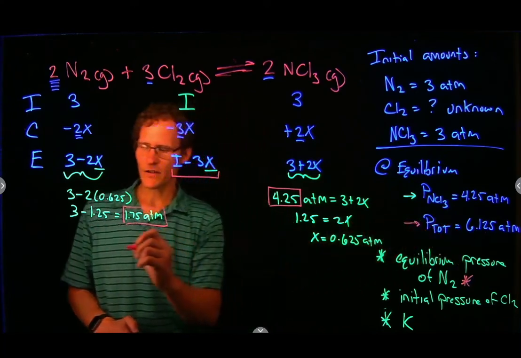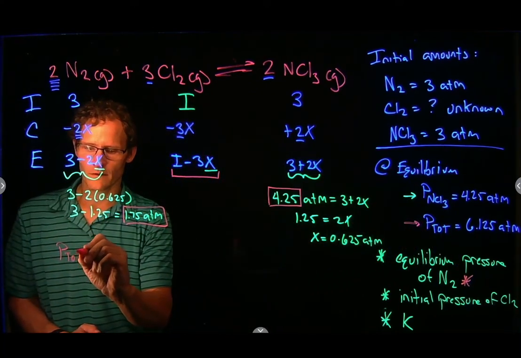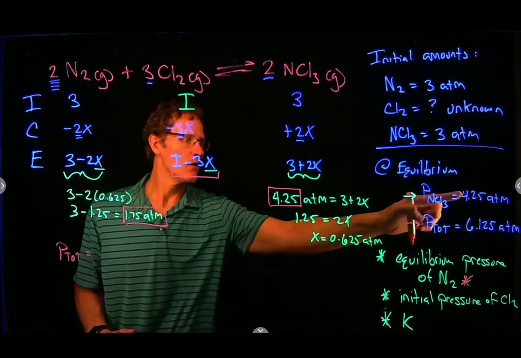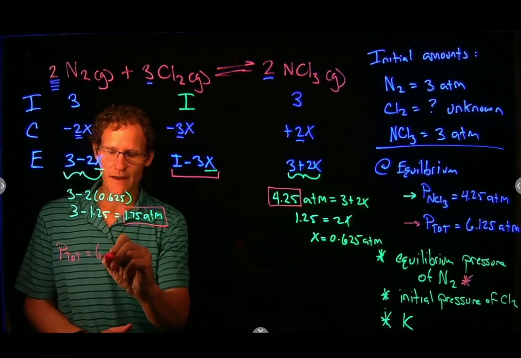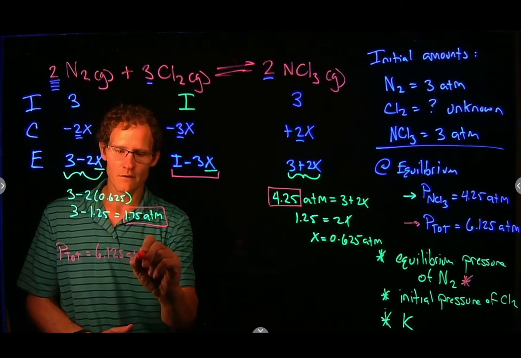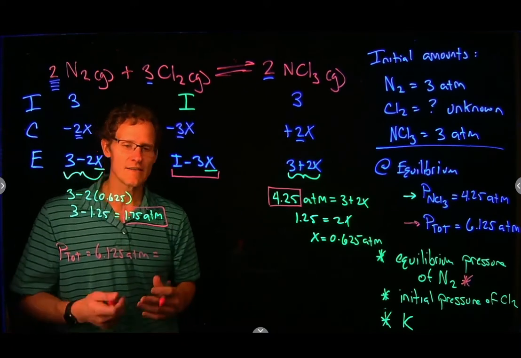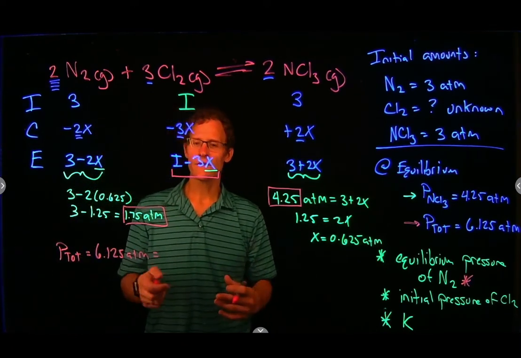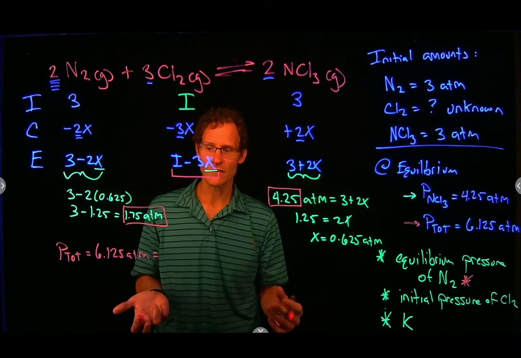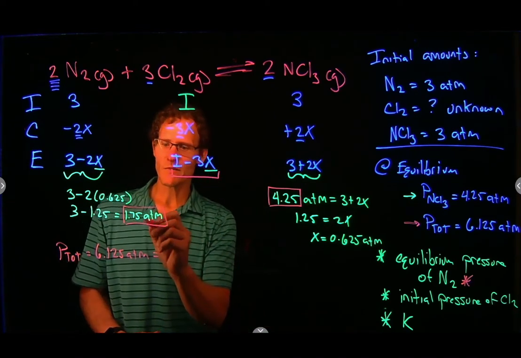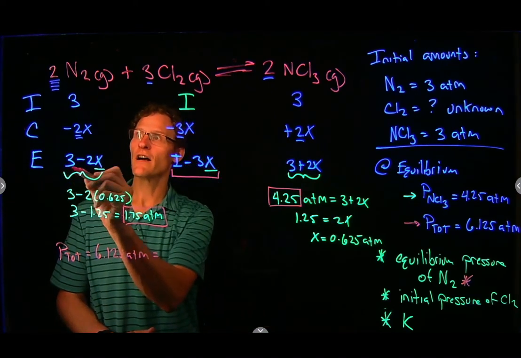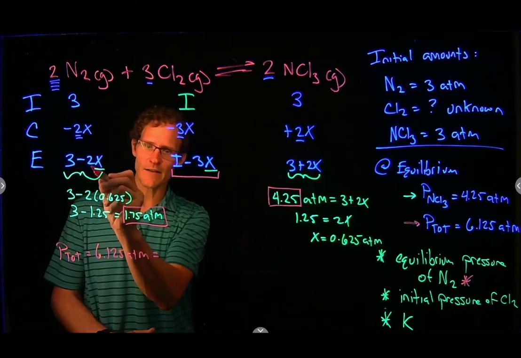Our total pressure is equal to 6.125 atmospheres. And we know this is equal to the sum of the pressures of all of the individual gases. So this is going to be equal to the equilibrium pressure of nitrogen, which is 3 minus 2x.